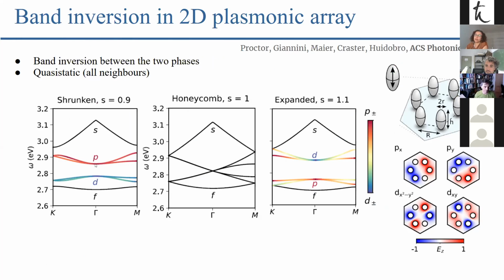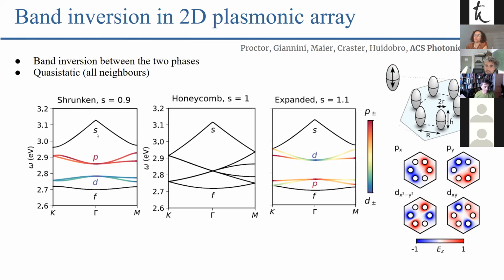The Hall effect is based on a band inversion. And here I show it for our system, which in this case consists of elongated nanoparticles, and I am considering the out-of-plane modes. So there is a phase transition between a system where these 6 elements in the hexagonal unit cell are contracted and when they are expanded.